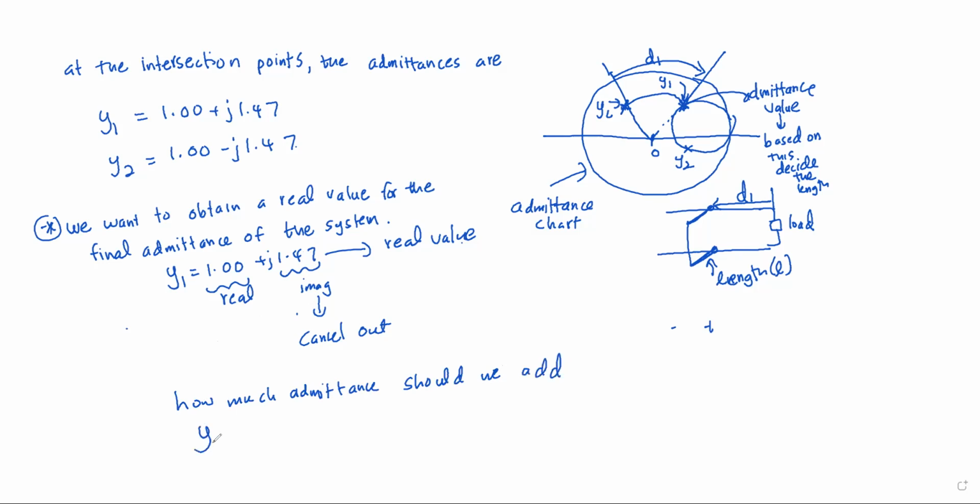In order for me to get the final admittance as 1.0, y1 plus how much should I add here?